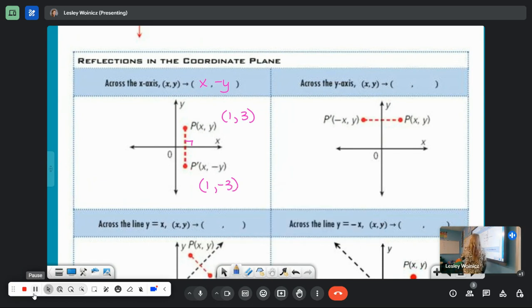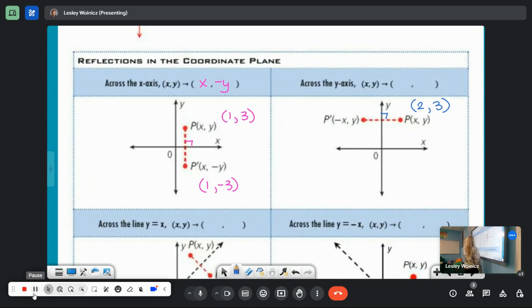Okay, so here's my new P. I'm going to call this 2, 3. That's just kind of what it looks like to me. If I reflect 2, 3 in the y-axis, it's going to be perpendicular and the exact same distance away on the other side of the y-axis. So do you see that this time the height didn't change? Is it the same height?